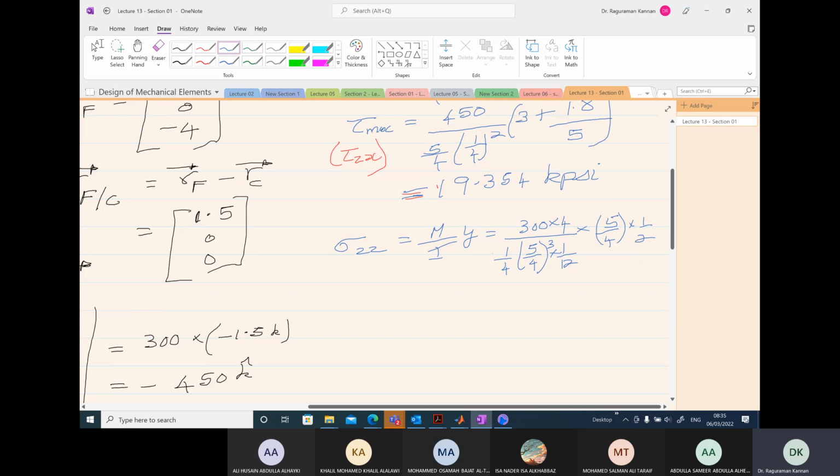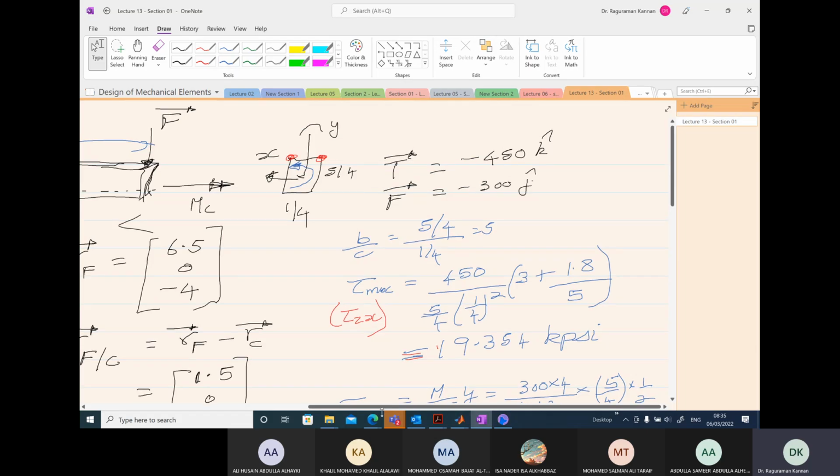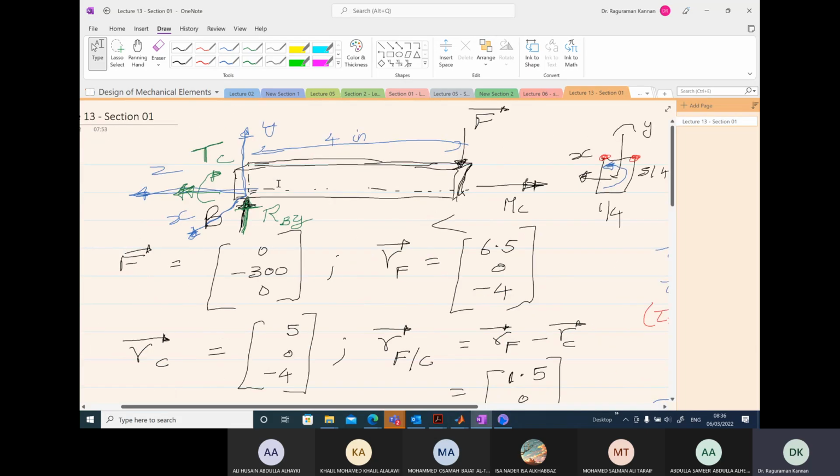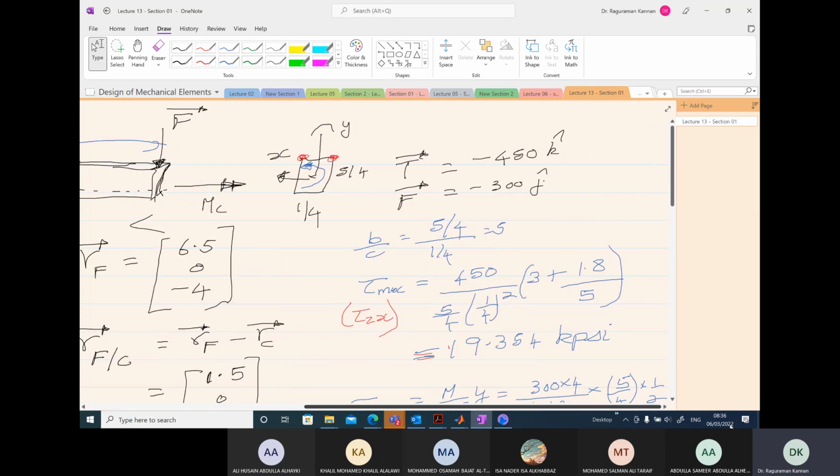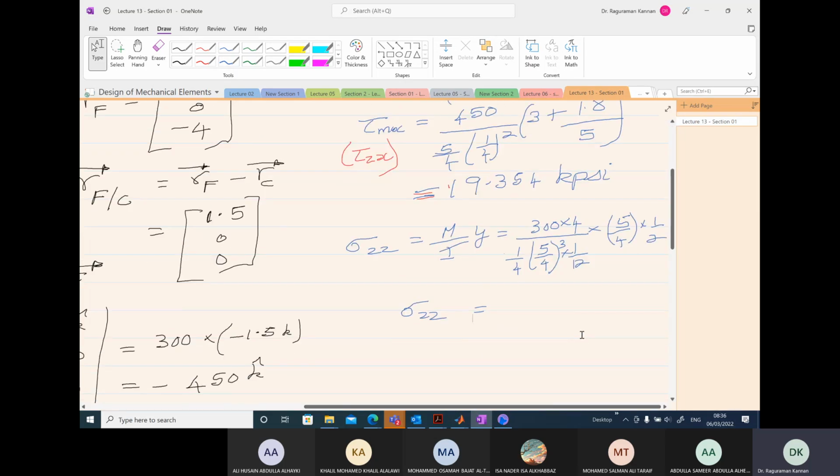We can evaluate the maximum bending moment at the top surface. So the maximum bending moment at point B on the top surface is tensile on the top and compressive on the bottom. So we can have plus or minus sign here if you want, but let's calculate this.